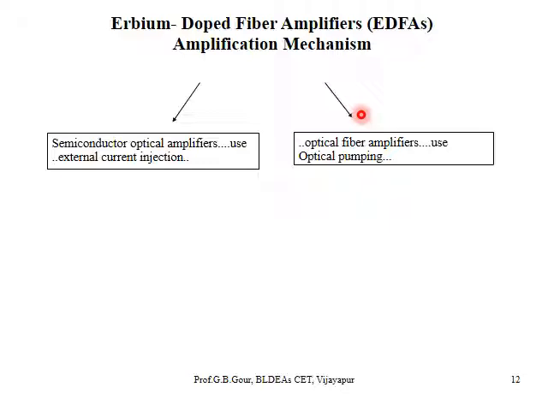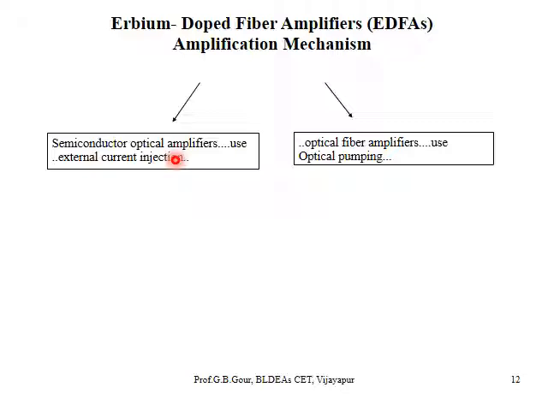As the amplification mechanism, in SOA we have used the current injection for stimulated emission and population inversion, but here we are using optical pumping instead of current injection. Here charge carriers are used to boost the energy of the ions or electrons at the lower energy level, so that they can be stimulated and go to a higher energy level.